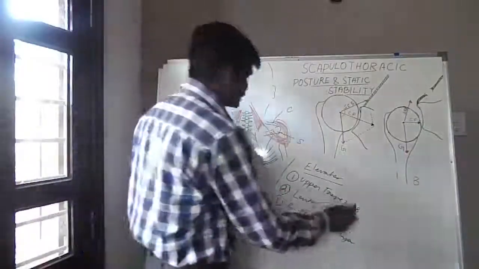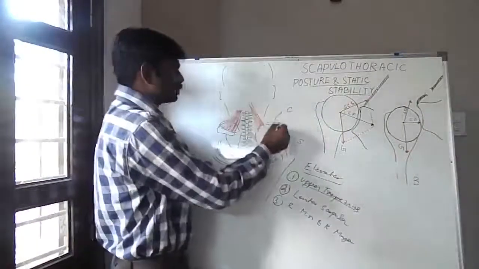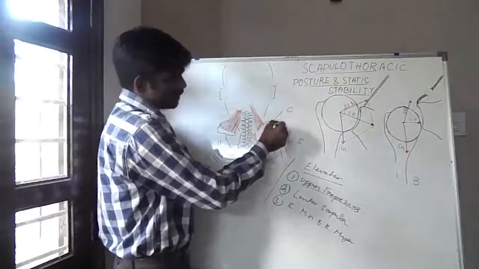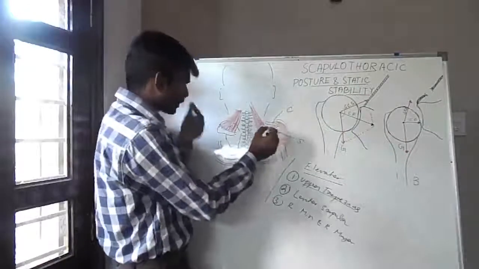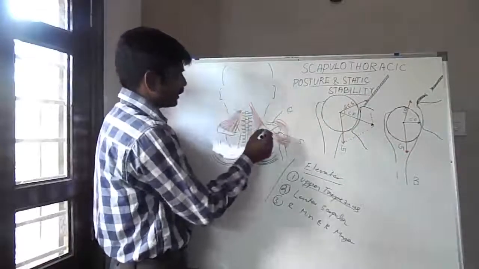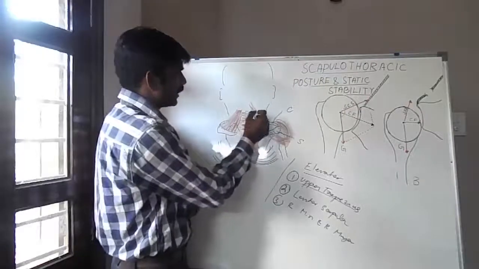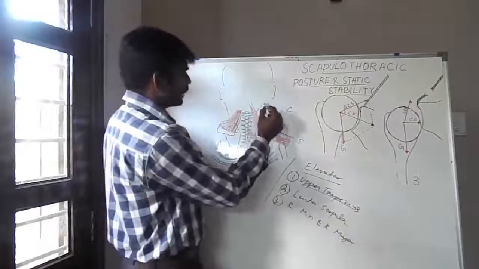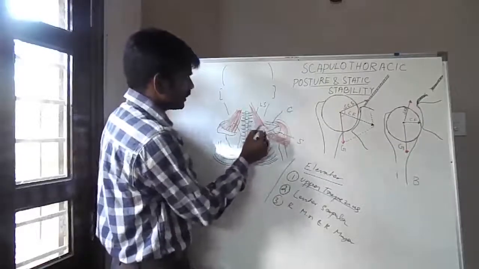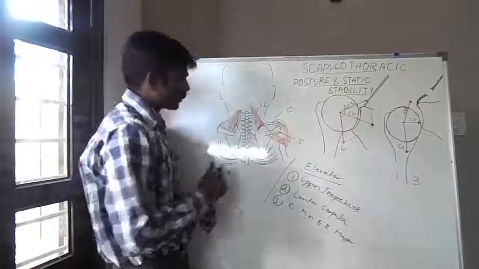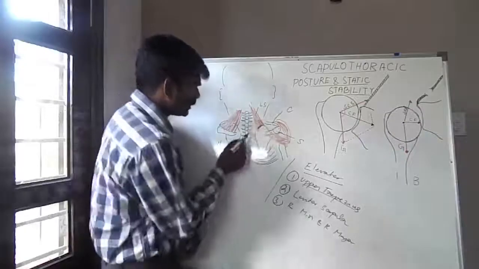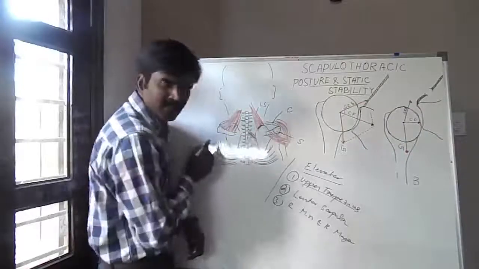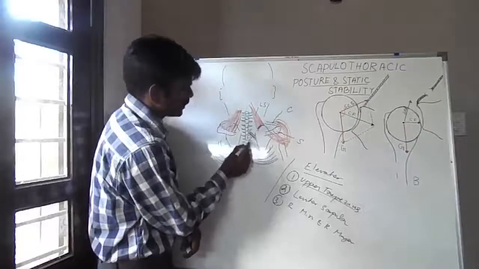The upper trapezius, you know, is attached to the lateral end of the clavicle, and this is the levator scapulae. I have not drawn the trapezius. The levator scapulae is inserted in the superior angle of the scapula, and this is rhomboideus minor and this is rhomboideus major.